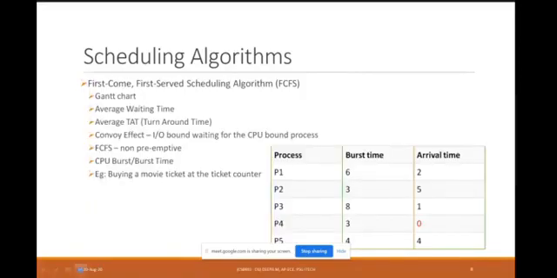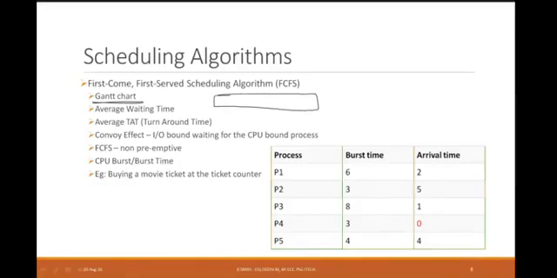Okay. So take down your notebook. For any scheduling algorithm that you are going to do, you are going to draw a Gantt chart. Gantt chart is nothing but blocks, like this, which will tell whatever process is going to be in my CPU at any point of time, till the time of completion or the end time.